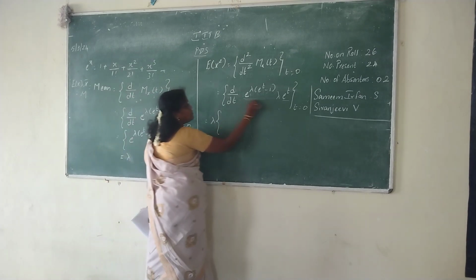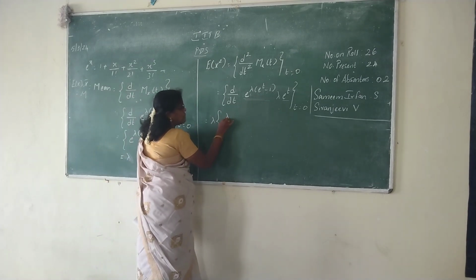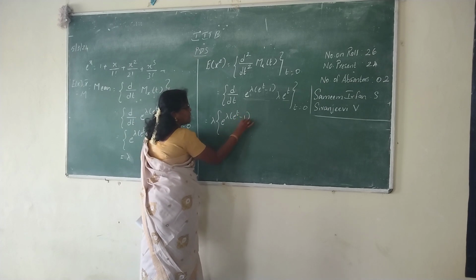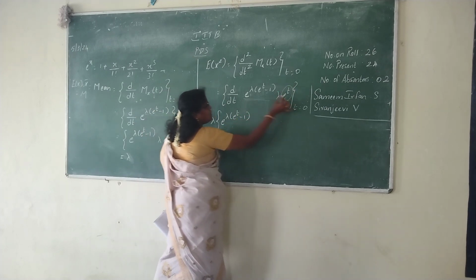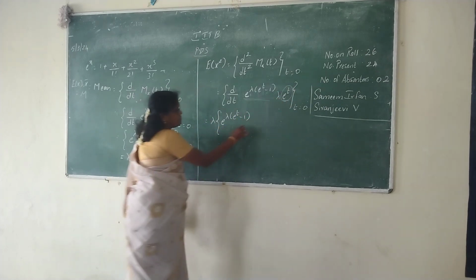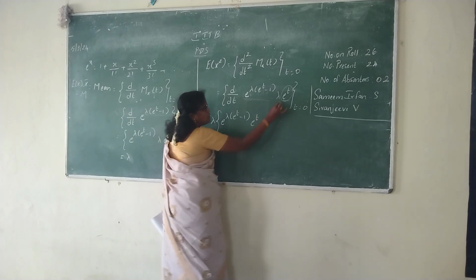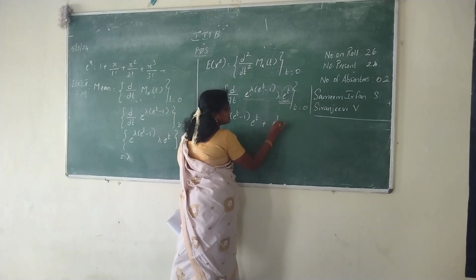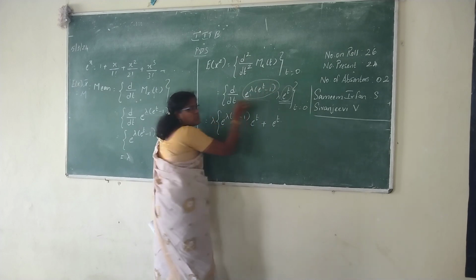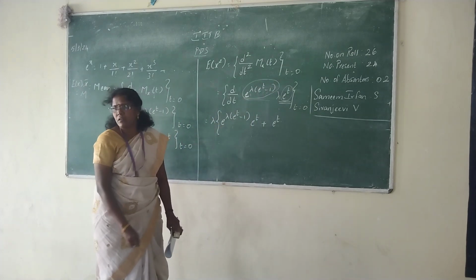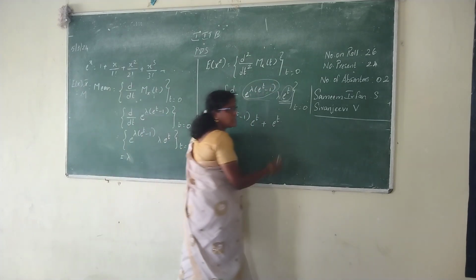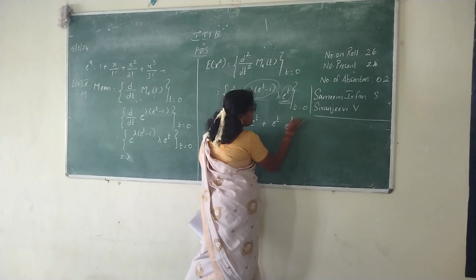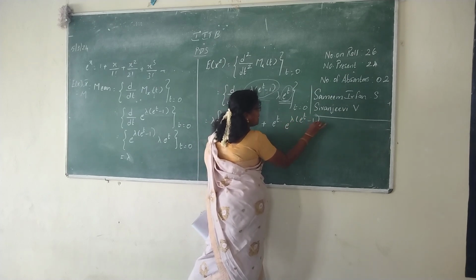Keep the first term as it is: e power lambda into e power t minus 1. Differentiate e power t, e power t. Plus, now keep this e power t as it is. Differentiate this term as we did for our first differentiation. What is the differential of e power x? E power x. E power lambda into e power t minus 1.